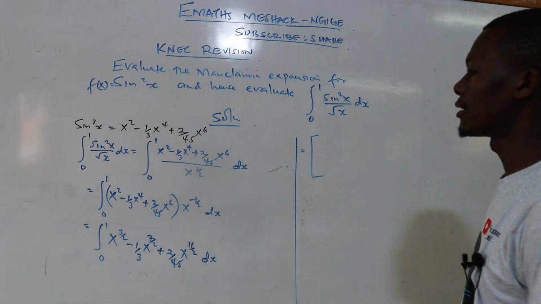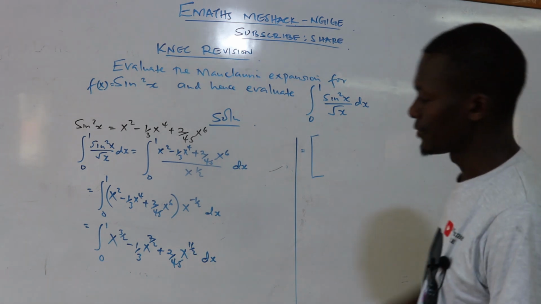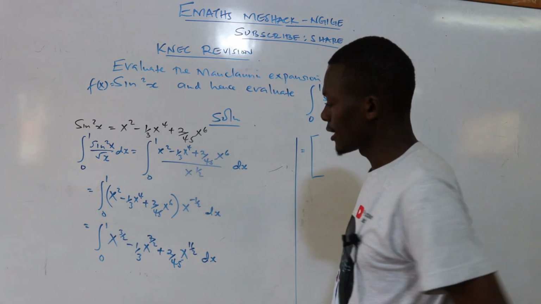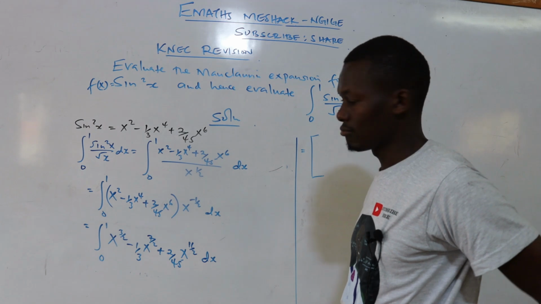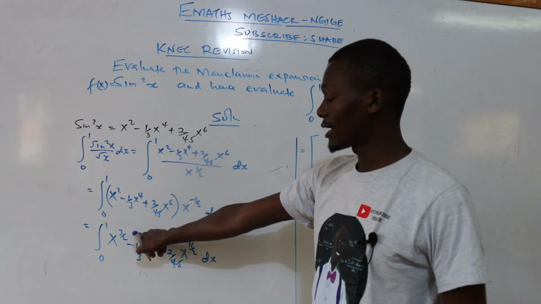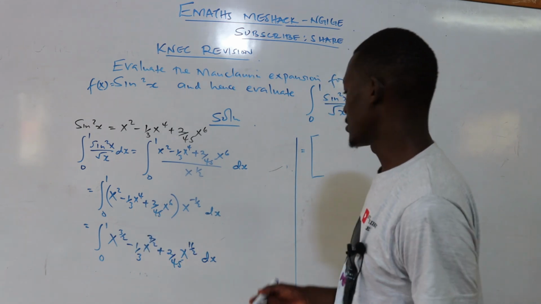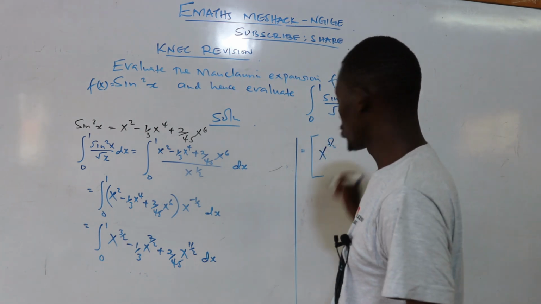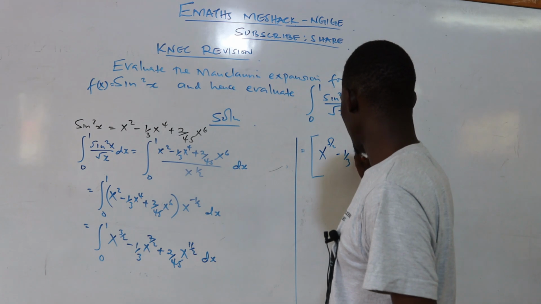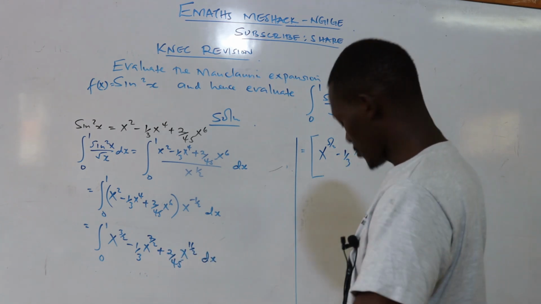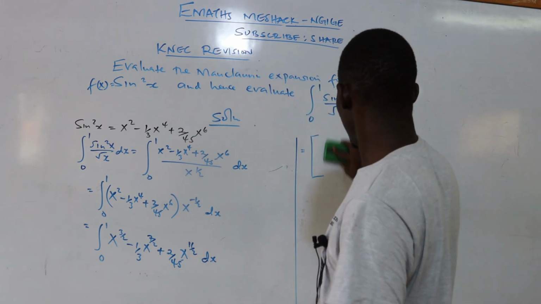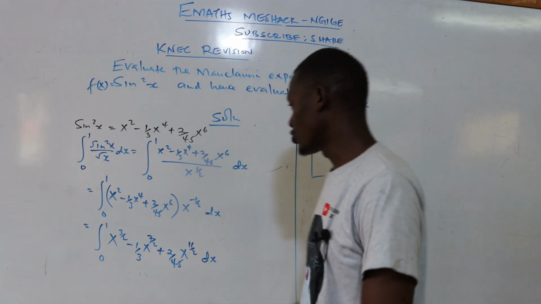So what we have there is x, that is 1.5 plus 1 gives you 2.5, which is 5 over 2. So we have x to the power 5 over 2 minus a third x. Sorry for that, it is increase the power by 1, divide by the new power.